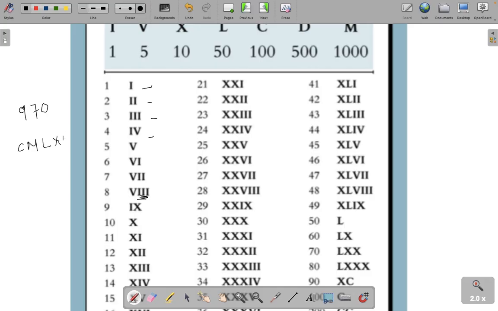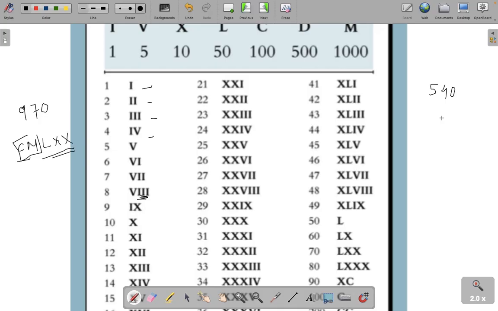Yeah, very good. You can write 970 as 900 plus 70. You already wrote 900 here, and then you just have to write 70 as L double X. So 50, 60, 70. Any question?